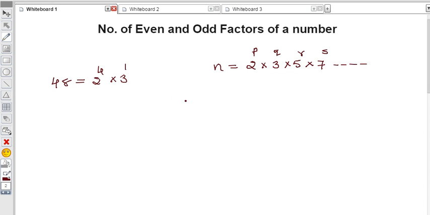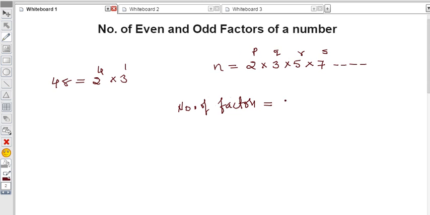In this, the number of all factors: if you need the number of factors, we take all the powers.